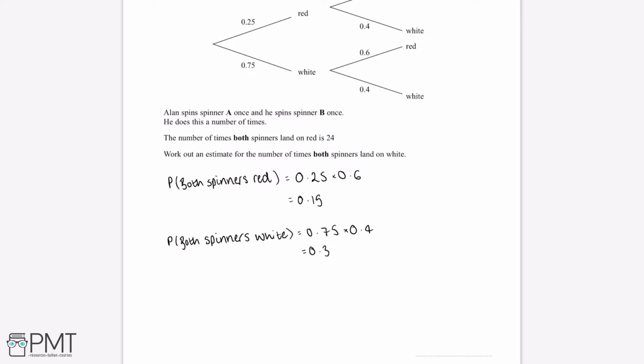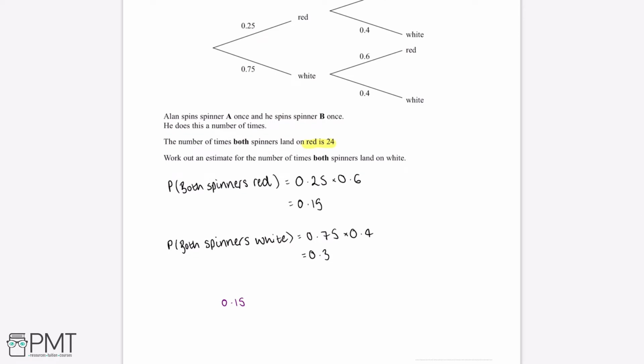So the number of times that both spinners land on red is 24, and we can treat this value as though it's proportional to the probability that both spinners are red, which is 0.15. Because we want to work out an estimate for the number of times both spinners land on white, we've worked out that the probability that both spinners will land on white is 0.3.